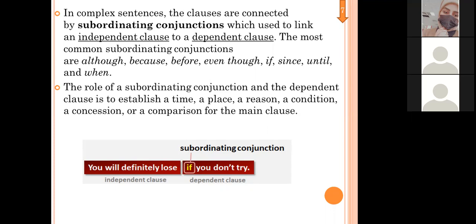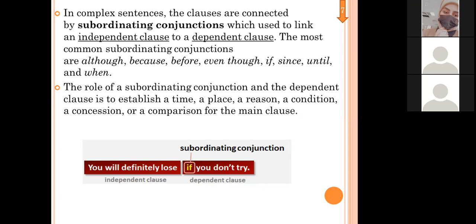The role of the subordinating conjunction and the dependent clause is to establish a time, for example, when it is ready, or a place, where they live, or to talk about a reason or condition, such as if it rains, I'm staying in. A concession or comparison for the main clause.